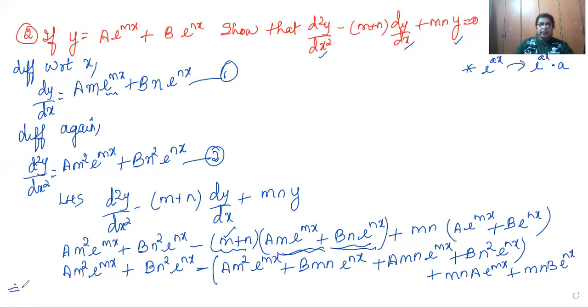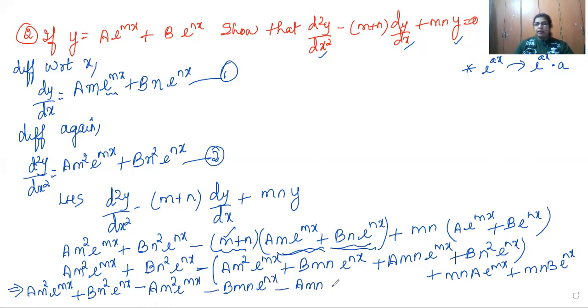Now final step, last step: a m² e^(mx) plus b n² e^(nx). Now these 4 terms which I have written will all have minus sign: minus a m² e^(mx) minus bmn e^(nx) minus amn e^(mx) minus b n² e^(nx) plus amn e^(mx) plus bmn e^(nx).